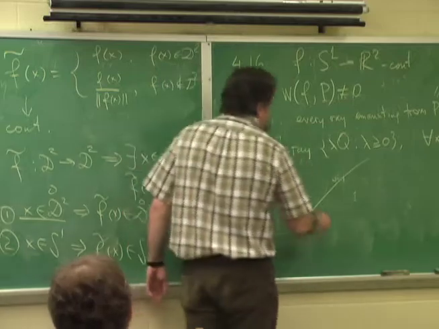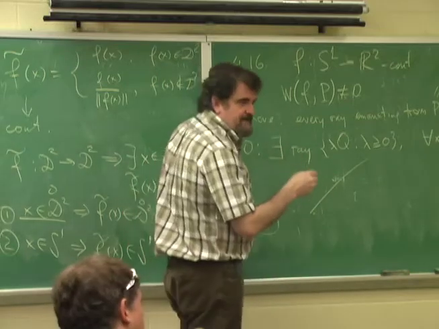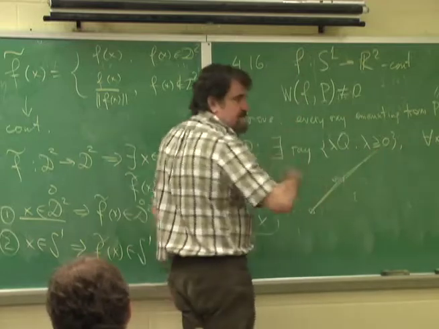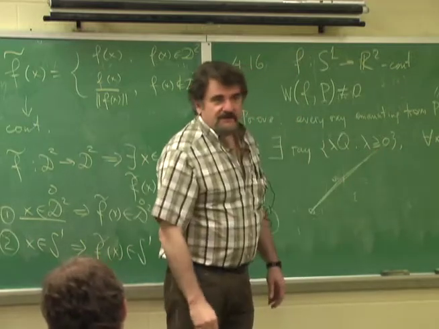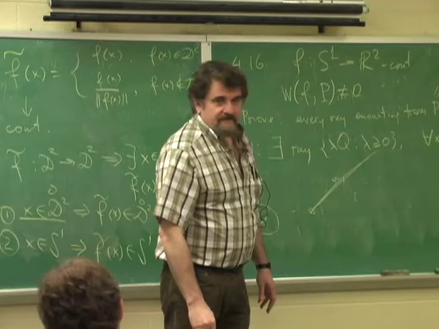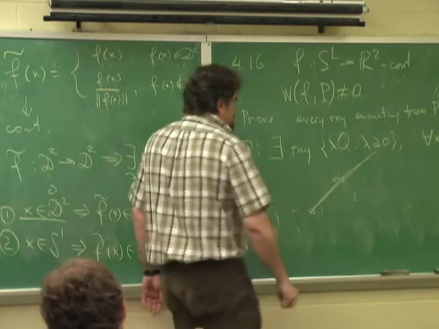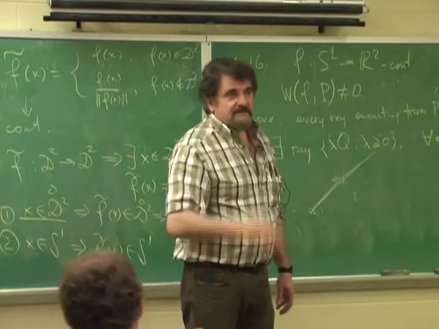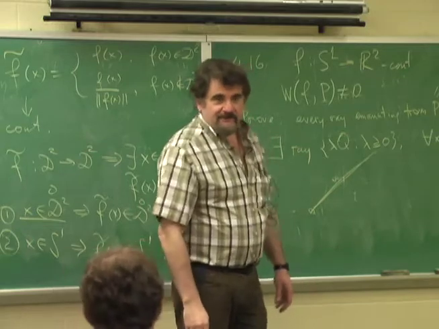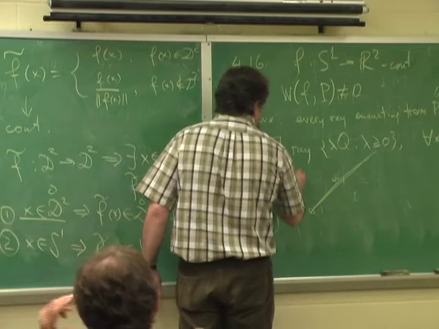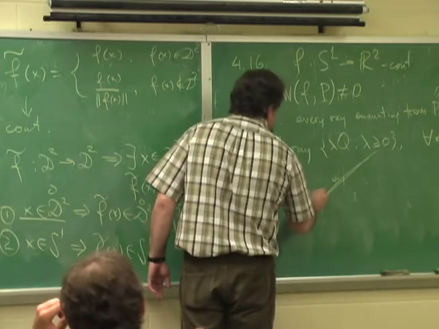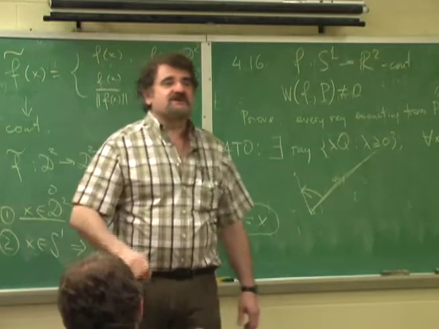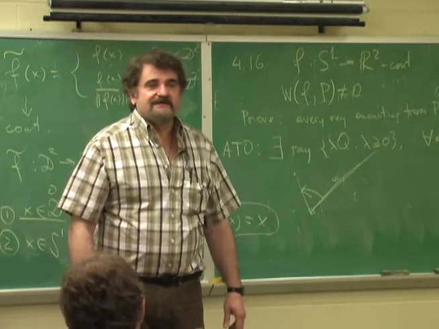Let me introduce the angle variable in the complement of this ray. Can I introduce it uniquely? For example, I can always assume that this ray is angle 0, and for any point I can uniquely define this angle, and I do not have any chance to go around. Why?